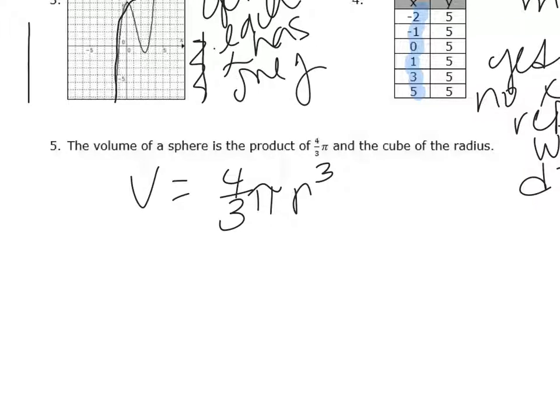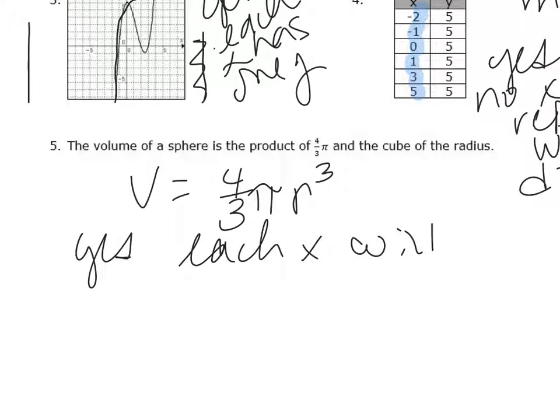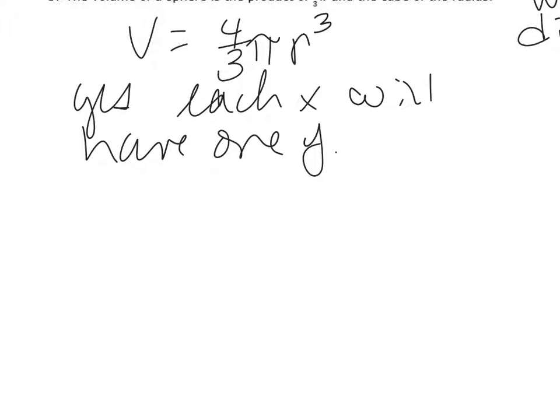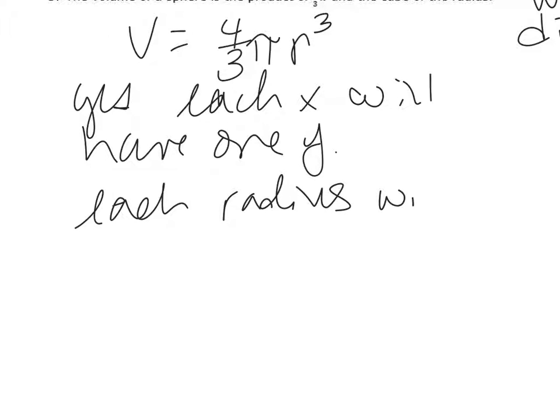So this is yes, because each x will have one y. If we look at the context of the problem, the input is going to be the radius. Each radius will have just one volume.